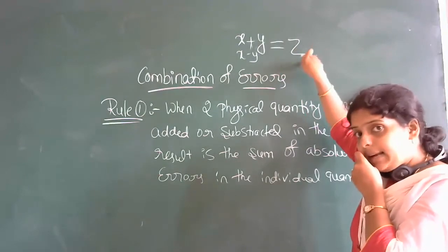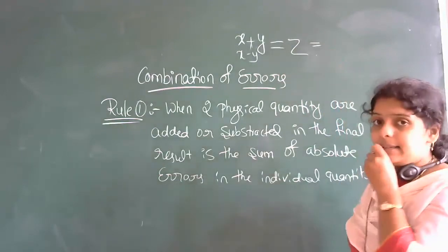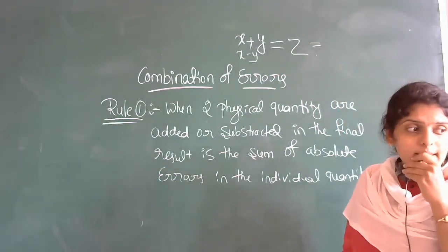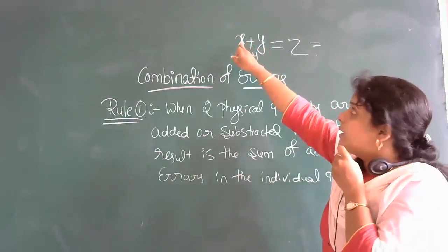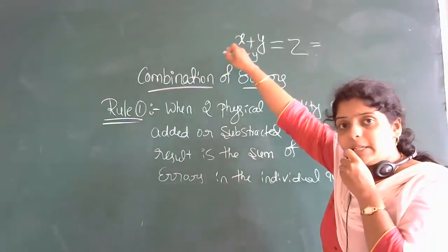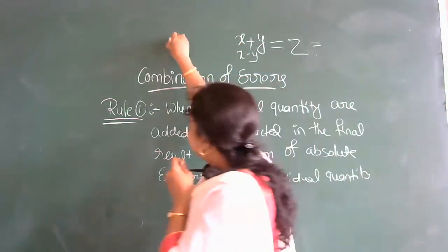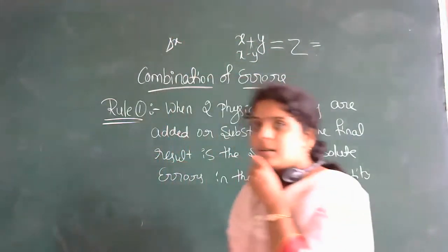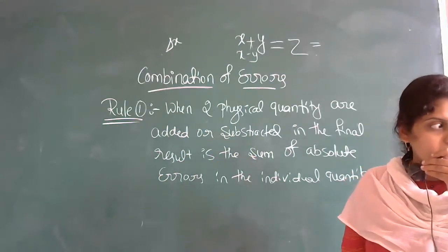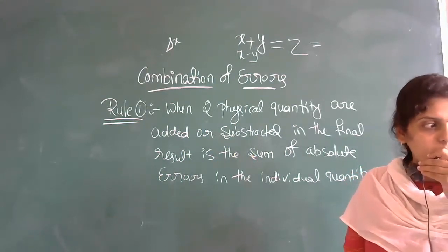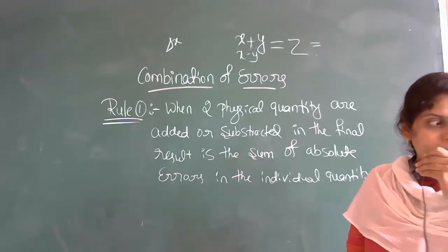What is the absolute error of x? The absolute error of x is written as delta x. The absolute error of y, you are going to write as delta y.